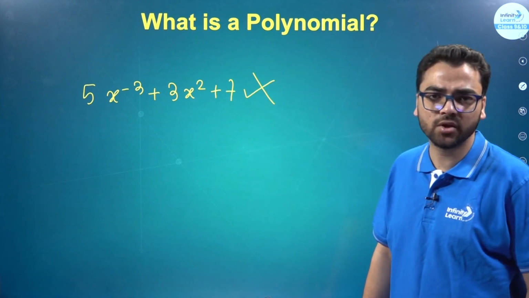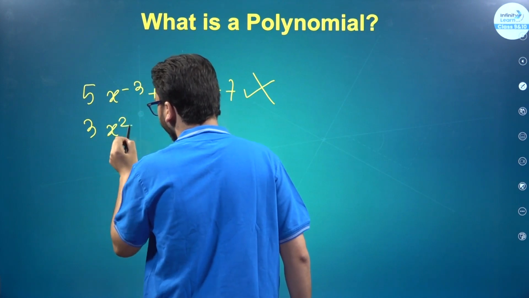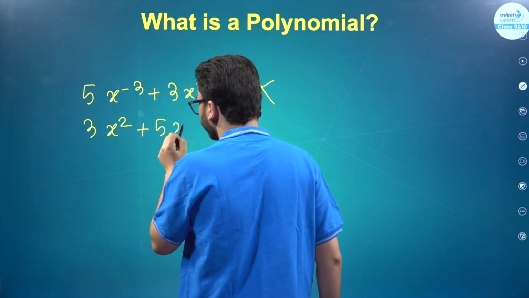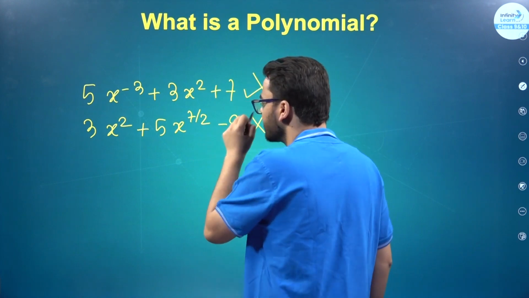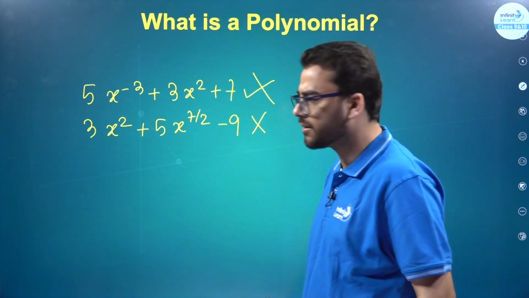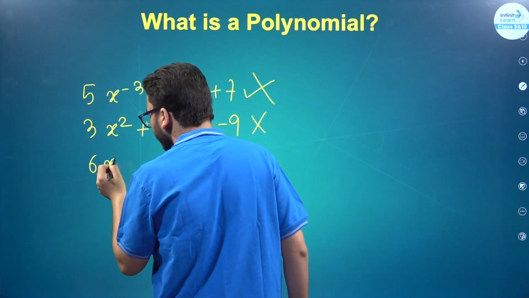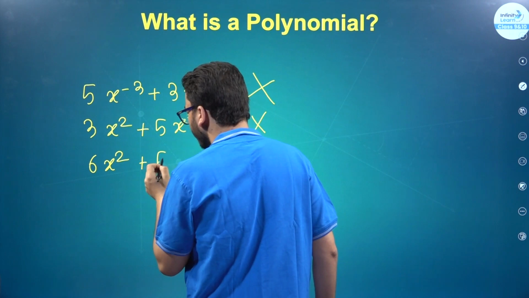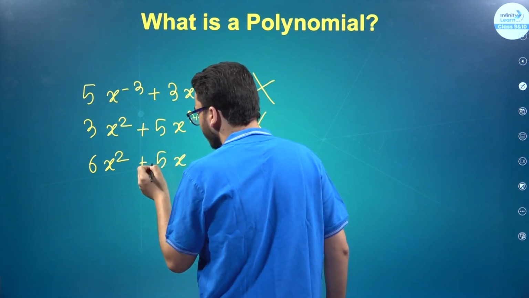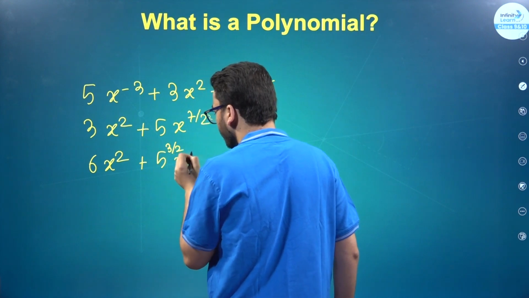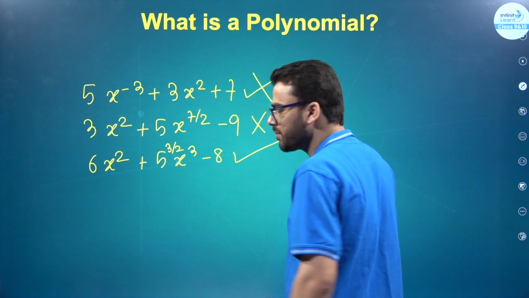Now suppose if I ask, is this a polynomial? The answer to it is no, it's not a polynomial, right? Now suppose if I ask, is this a polynomial? Yes, it's a polynomial.